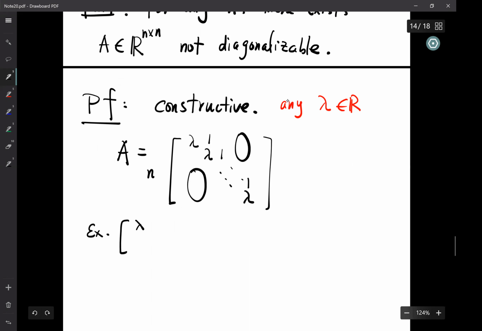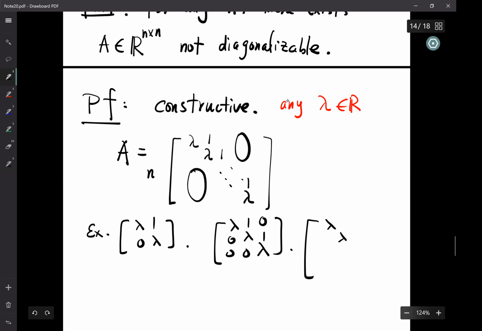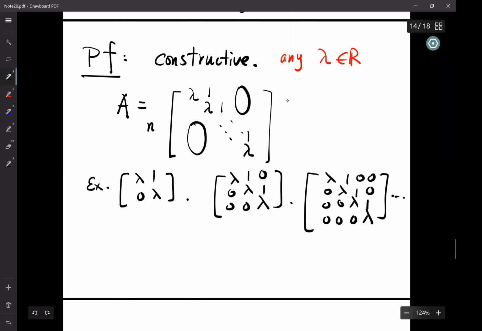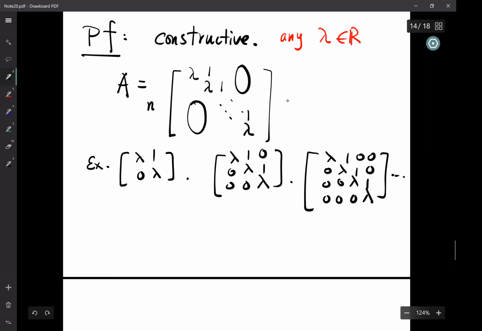So I have lambda 1 0 0, 0 lambda 1 0, 0 0 lambda 1, and so on and so forth. So there are only two diagonal lines that are not 0. The diagonal can be anything. By a scaling argument, you can put anything non-zero on the off-diagonal as well.